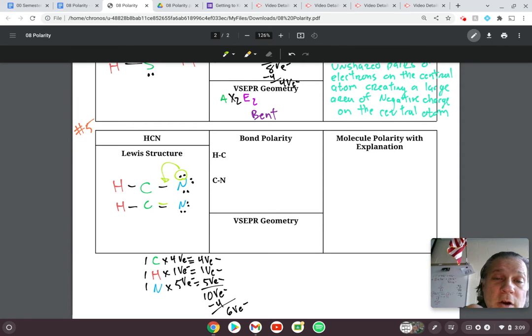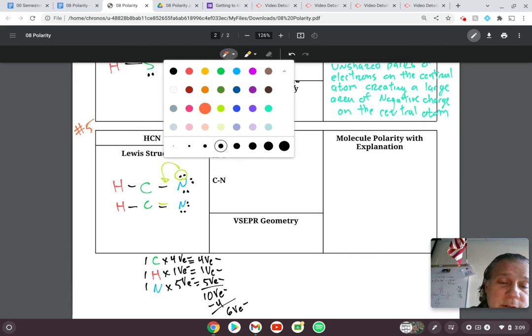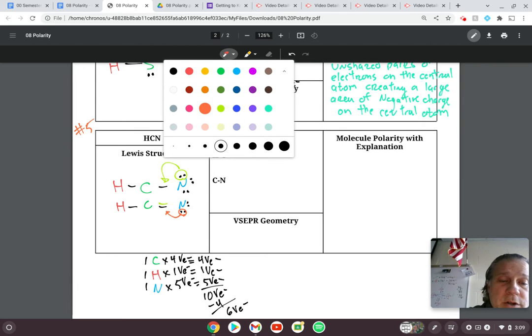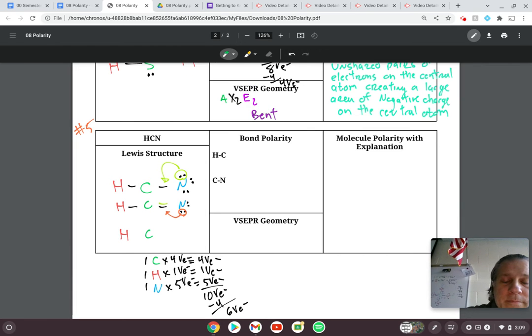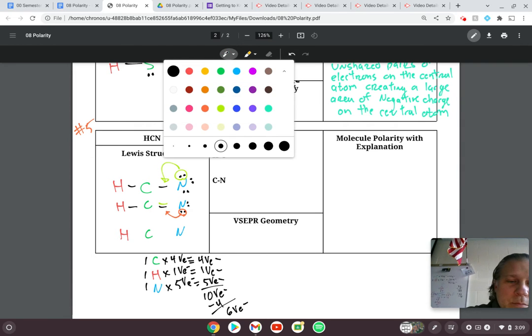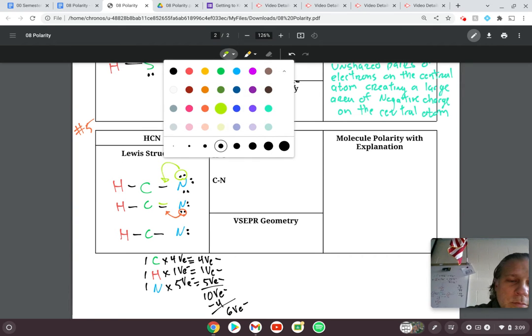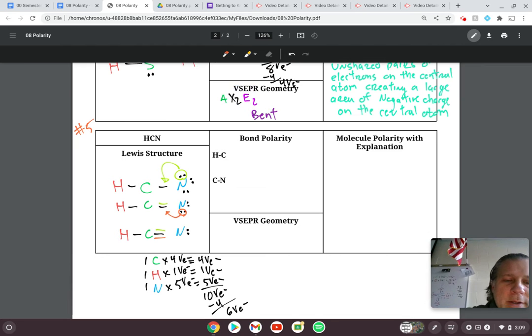So that tells me I'm going to need to go ahead and grab another 2 electrons. So I'm going to grab probably these 2 and put it here. So when I clean up this structure, I'm going to have something that looks like this.